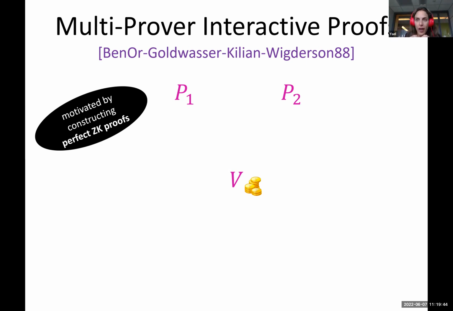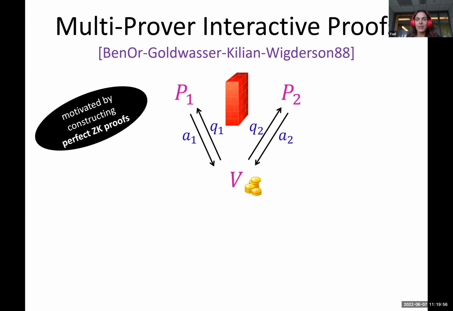I have a verifier that's now talking to two provers, not just to one. He sends messages or questions to the two provers and gets back answers. And what's very important here is that the two provers are not allowed to interact. Before the protocol starts, they are put in separate rooms.